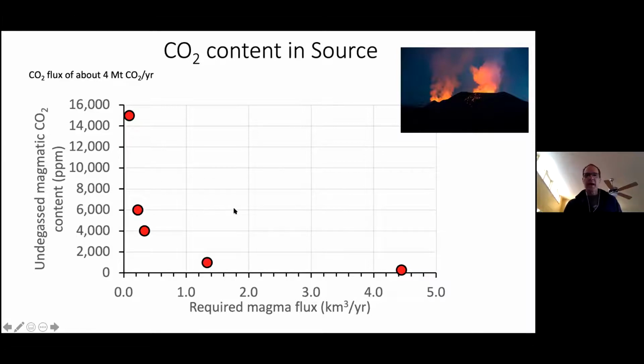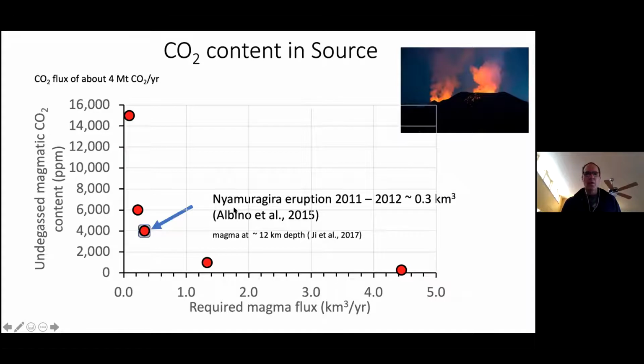So what is the magma flux at Nyiragongo? Well, there's only one study. It's poorly constrained, but it places it at about 0.3 cubic kilometers per year. So that would put it at about 4,000 parts per million of CO2 in the undegassed magma below Nyiragongo, Nyiramuragira to supply that CO2 flux.